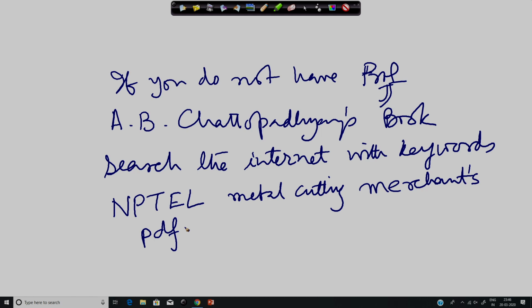Professor A.B. Chattopadhyay had posted his lectures on metal cutting and machine tools long back, maybe 25 years back, to give you an idea of the time span. Those lectures are still surviving on the net. With the keywords NPTEL, metal cutting, Merchants or whatever, you can also give chip reduction coefficient, or lathe or milling, and then give PDF.